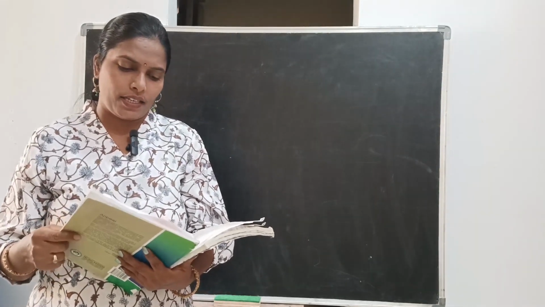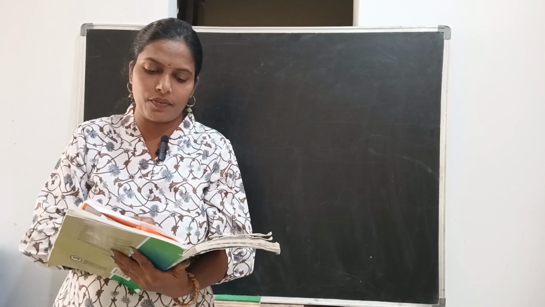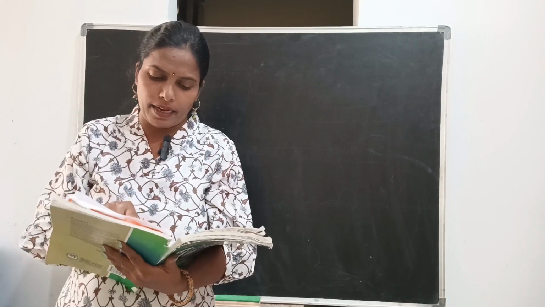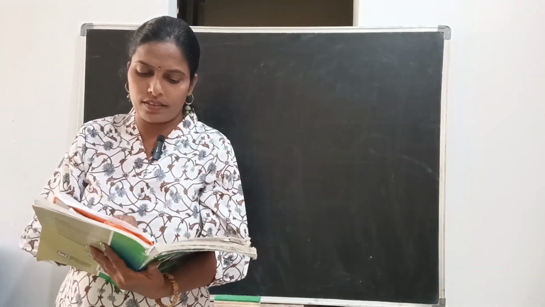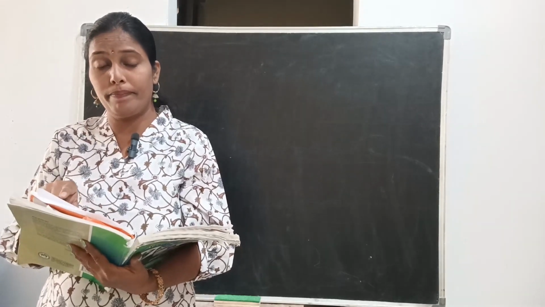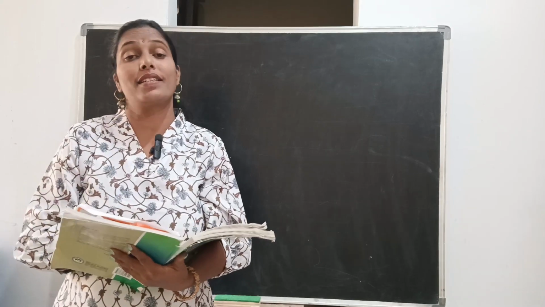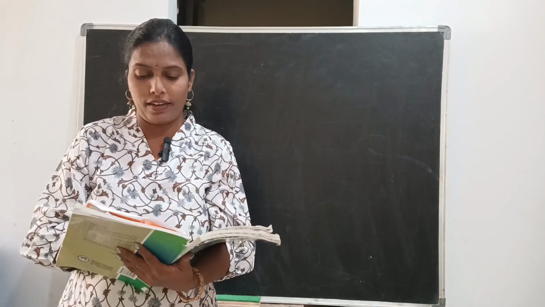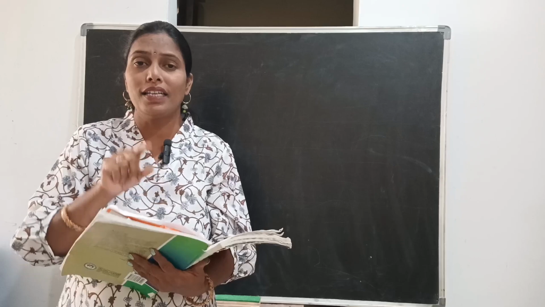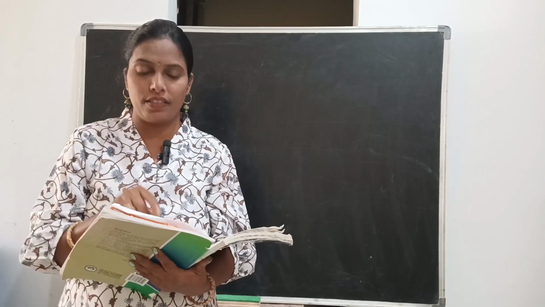So let us start. First we'll start with the balance sheet. In the balance sheet we have general reserve, profit and loss, and bank 10,000. General reserve and profit and loss account are undistributed profits and reserves.